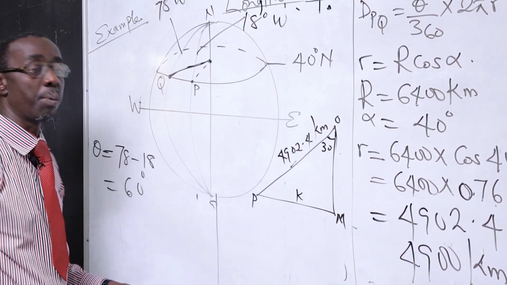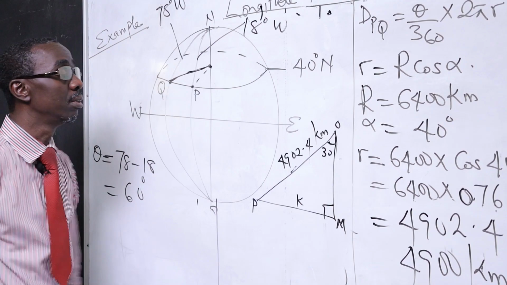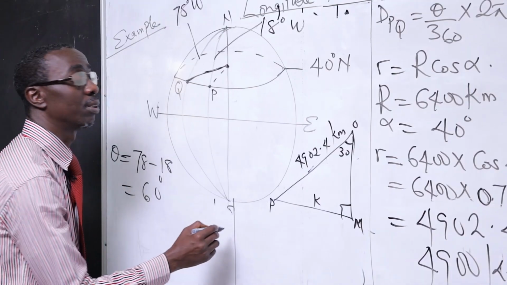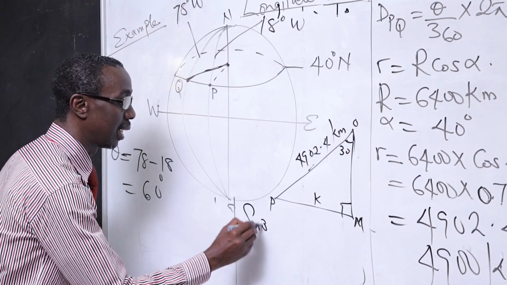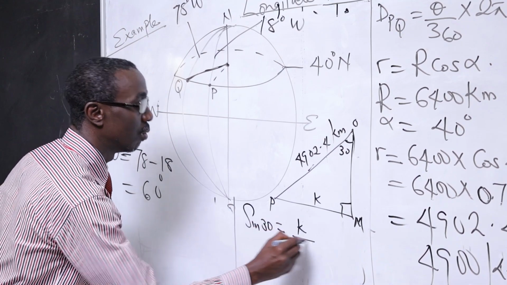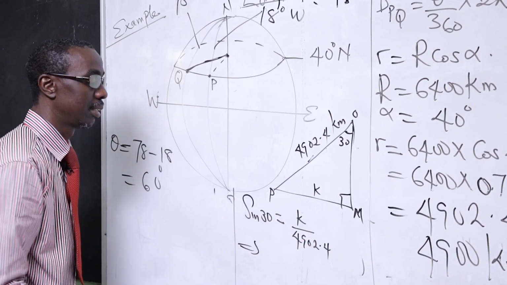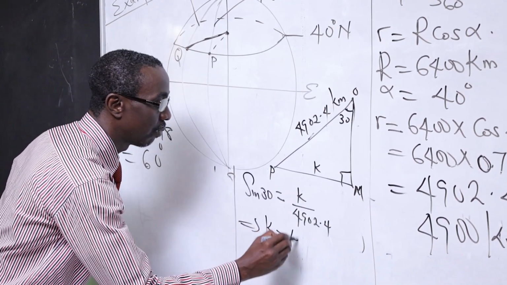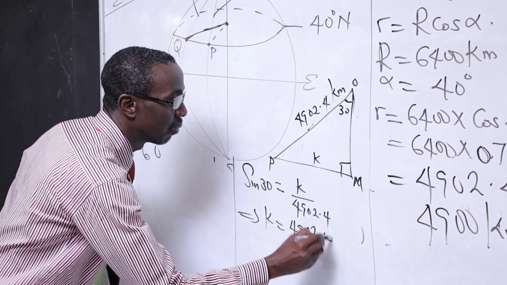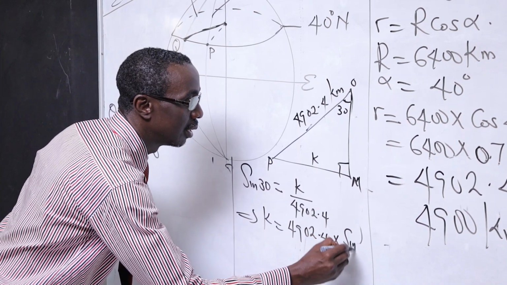Opposite of this angle over the hypotenuse, because this is a right angle, then I have sine: opposite over hypotenuse. That's sine 30 is equal to K over 4902.4. It implies that K is 4902.4 times sine 30.